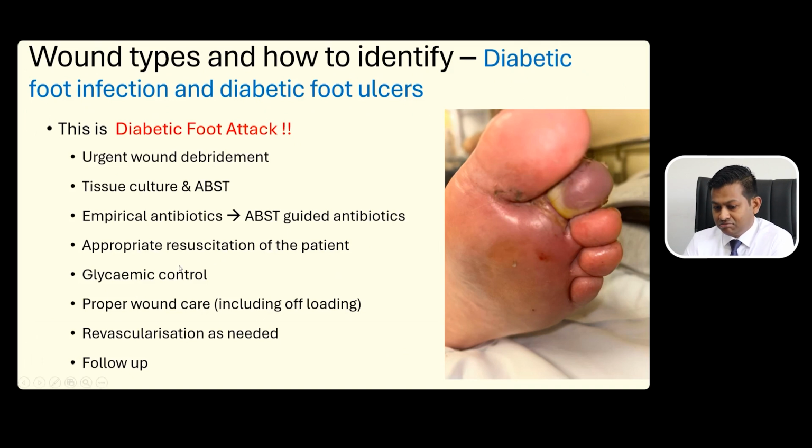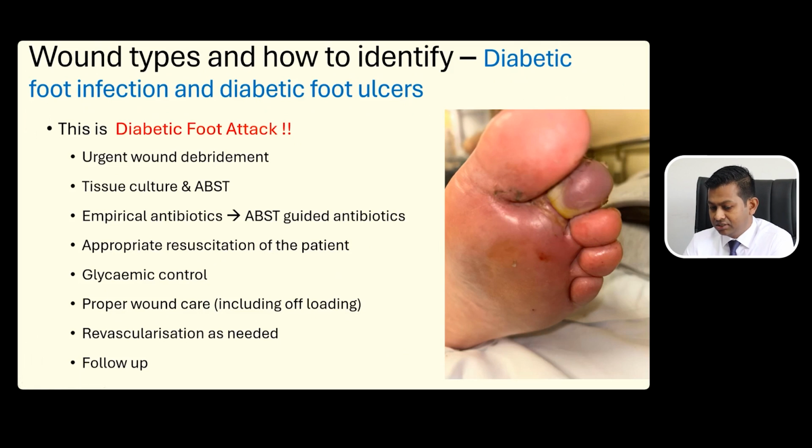And once we manage the acute, or I would say the urgent stuff, then we need to focus on proper wound care. We need to offload this one. I will touch upon the offloading later. And as I said, this is not only diabetes, so there's a component of neuropathy, vascularity, and everything.